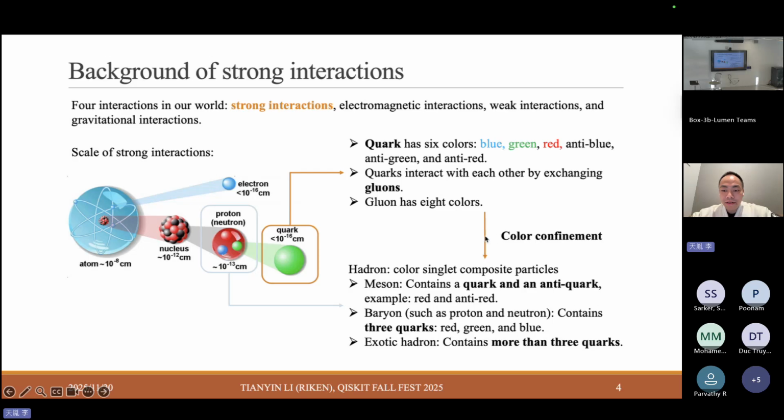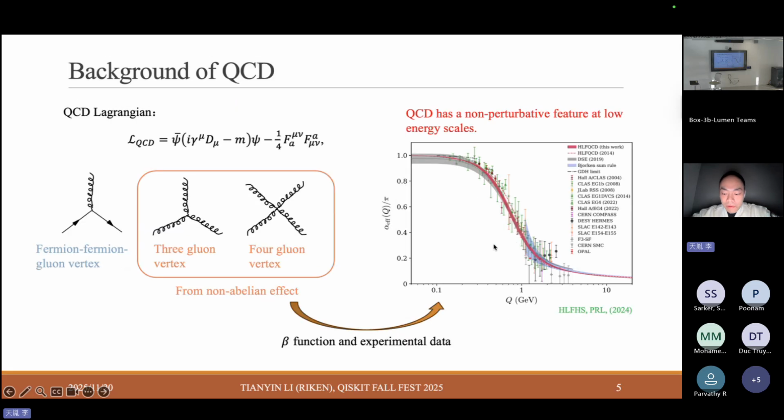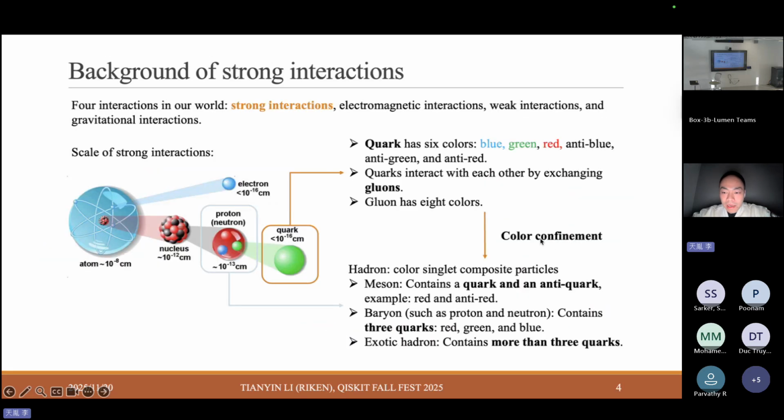However, we cannot see the colored degrees of freedom in our world. That is because the color degrees of freedom are confined. It has confinement. That is to say, the colored particles are confined in color-singlet composite particles, which are called hadrons.